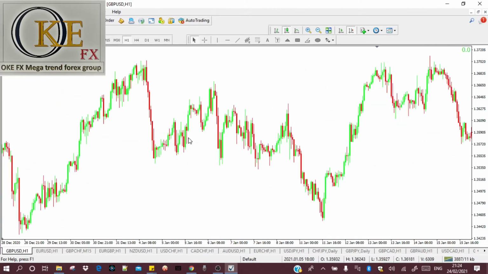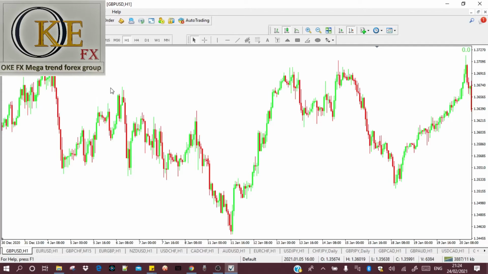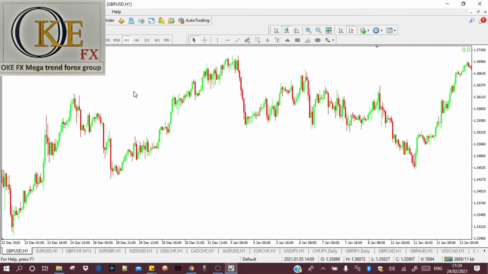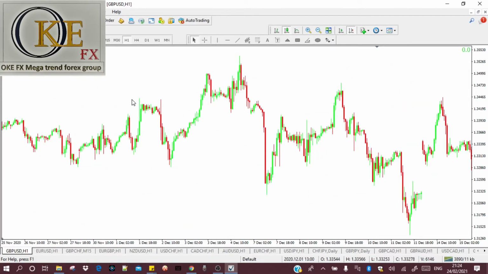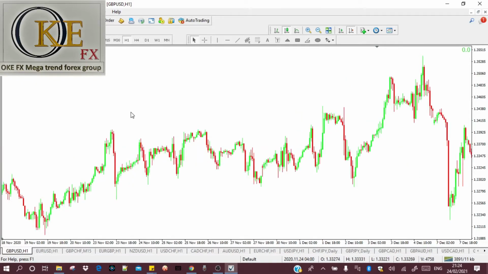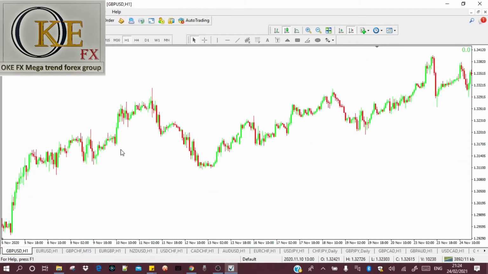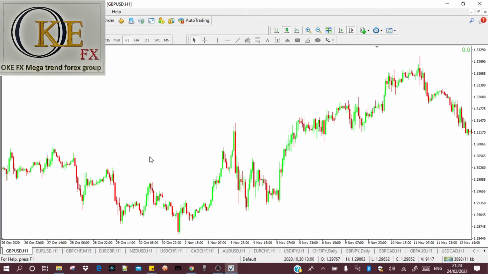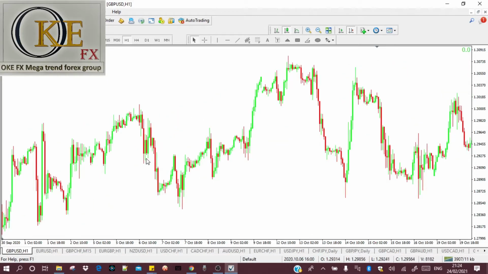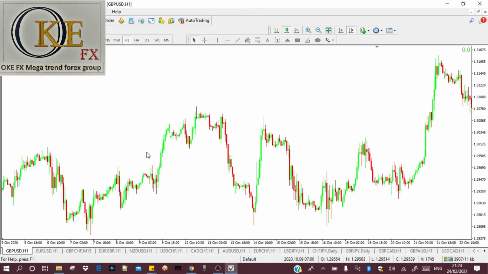This will help you stay on course. Are you getting it? That is why it is very important you understand the importance of treating support and resistance as a zone, as an area on your chart, and not just as a line.